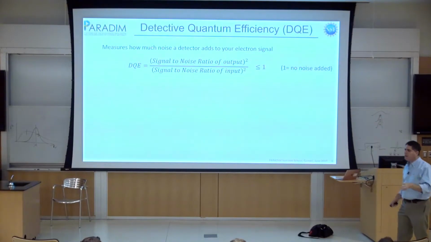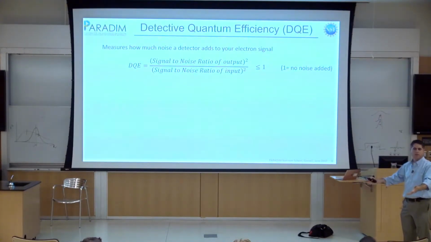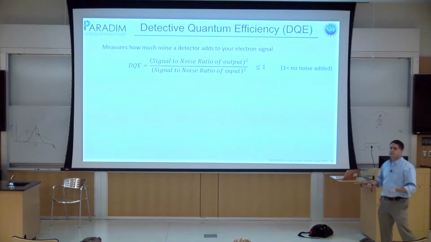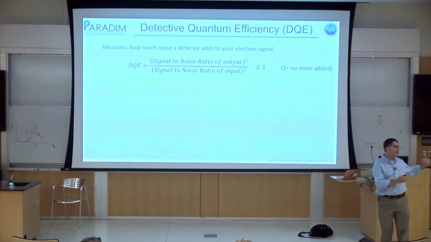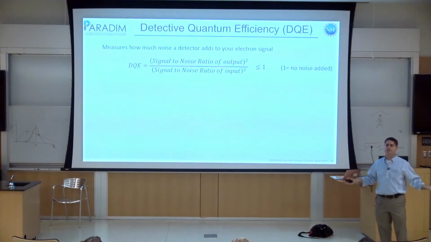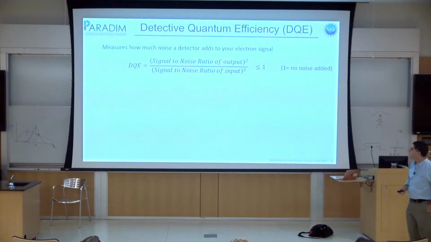What's important is the image came in with a bunch of noise because it had Poisson statistics. And the only thing the detector can do is either pass it through perfectly or make it noisier. It can't make it better, because to make it better, I'd have to add information that didn't exist. And if my DQE got bigger than 1, and I measured that, that would mean there was some horrible smoothing going on in the detector.